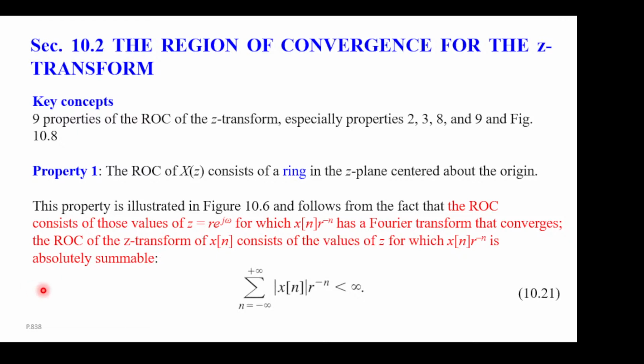I guess the good thing I want to say here is that this is a little better compared to the continuous case, right? Because in the continuous case, we were complaining that absolutely integrable is just one of the three Dirichlet conditions.